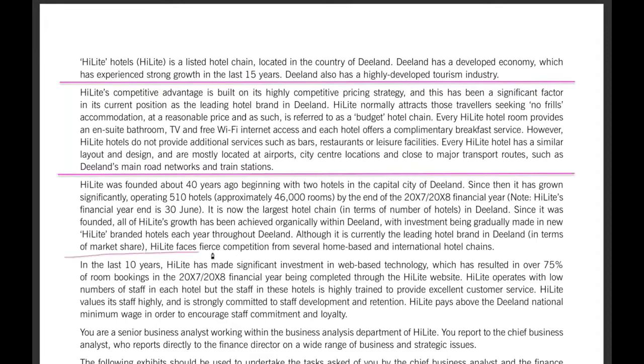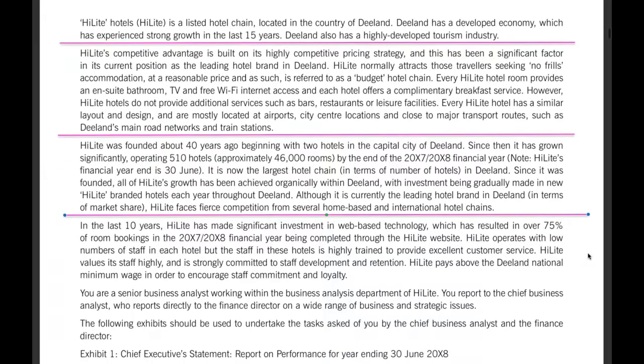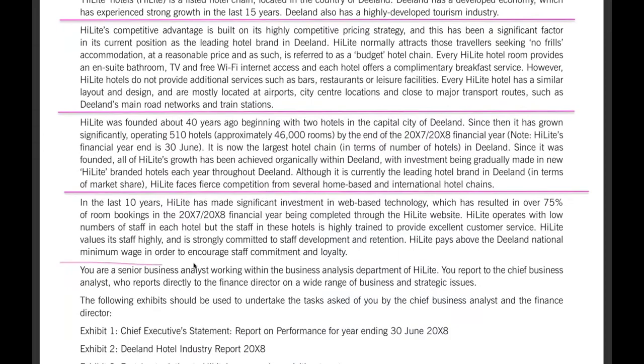Psychologically, when you divide something into smaller pieces, it's easier to handle and manageable. So you just draw a line like this. It's good to work on small pieces rather than looking at the big chunk.